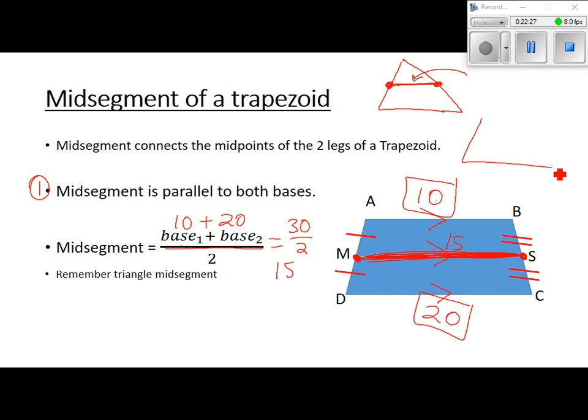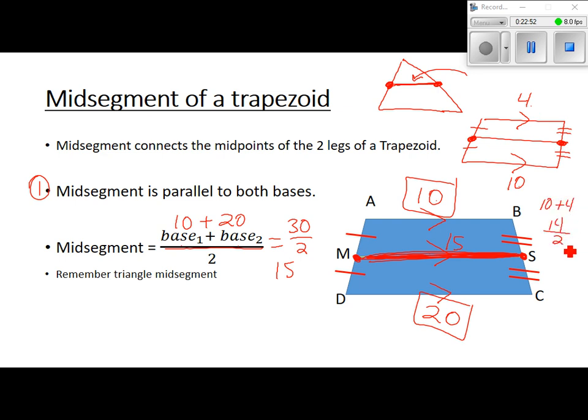So if I just draw some trapezoid here, doesn't have to look like anything special. I know those two are parallel. If those two are midpoints, that's a mid-segment. And I tell you, this is 4, this is 10. Add those two together, 10 plus 4, you get 14.